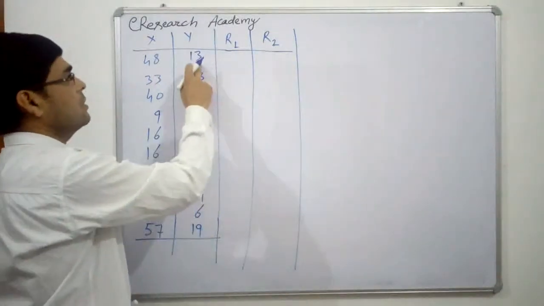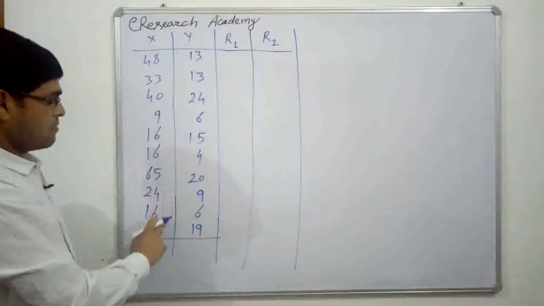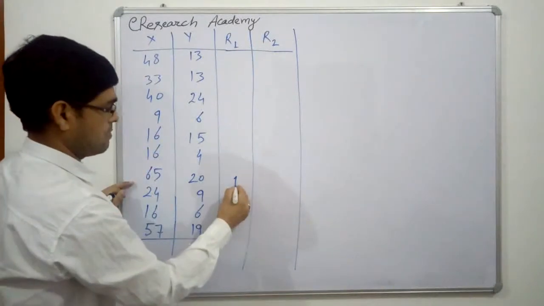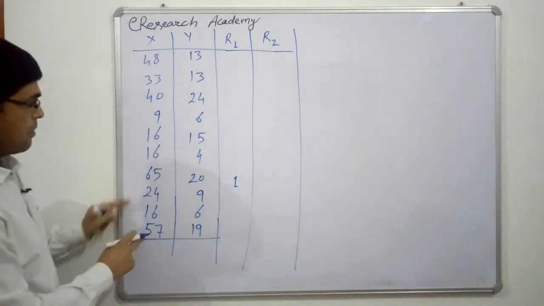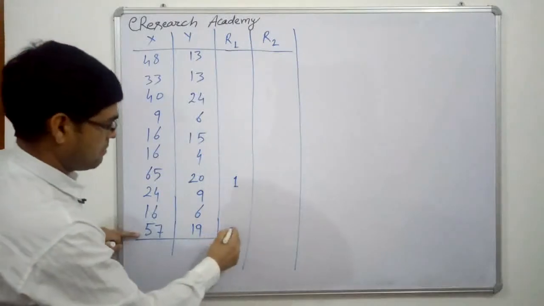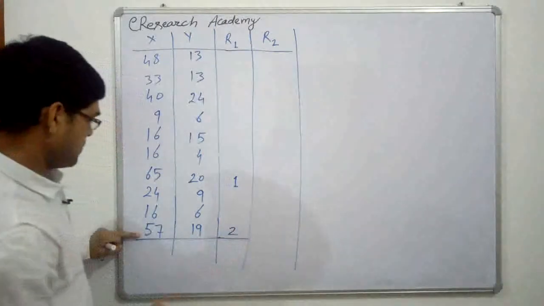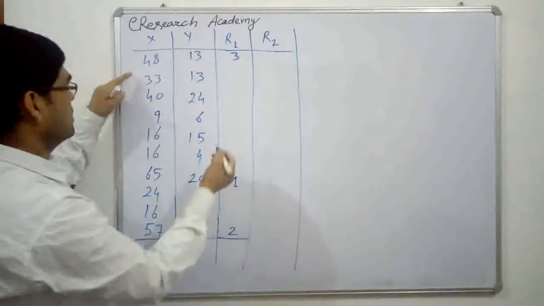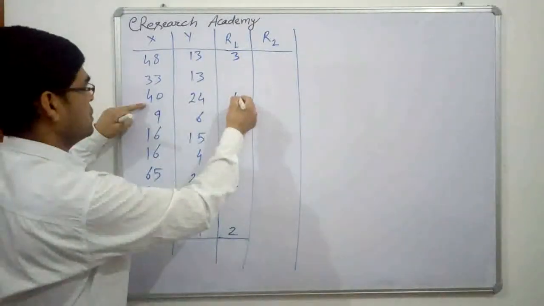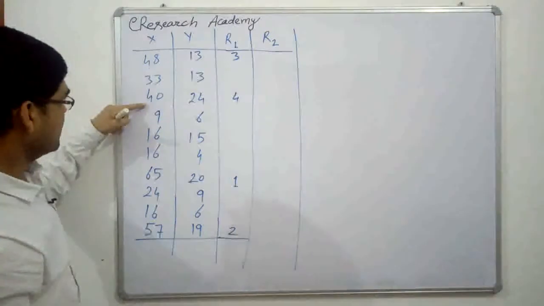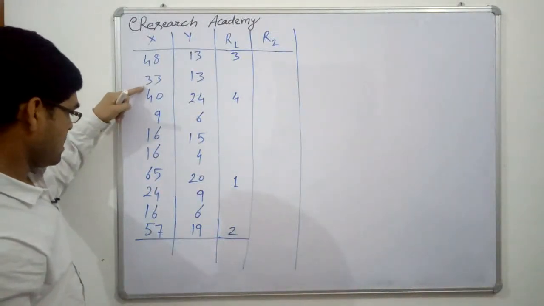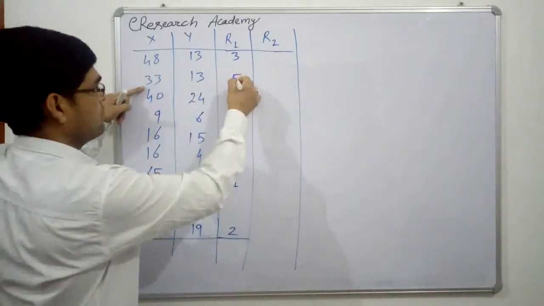If we talk about the series x, we give rank 1 to the highest value. It is 65 here, so we give it rank 1, followed by 57, which gets rank 2, then 48, which is 3, then 40, which is 4, and then 33, which is 5.